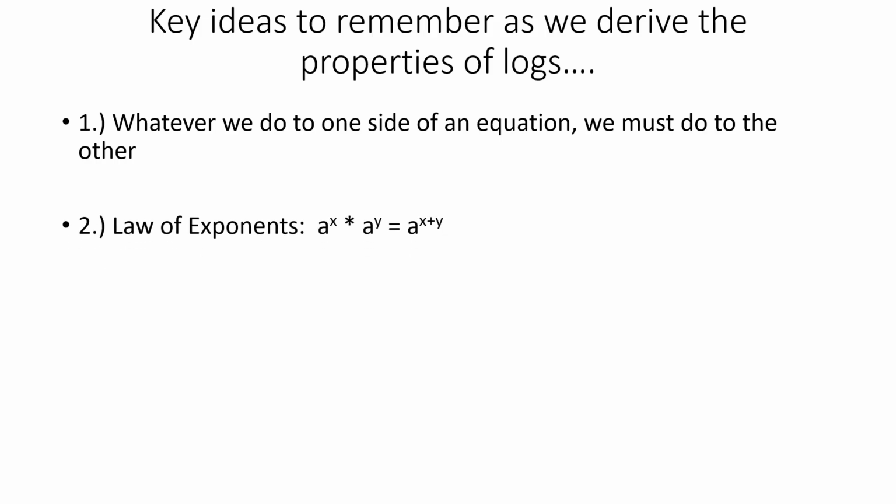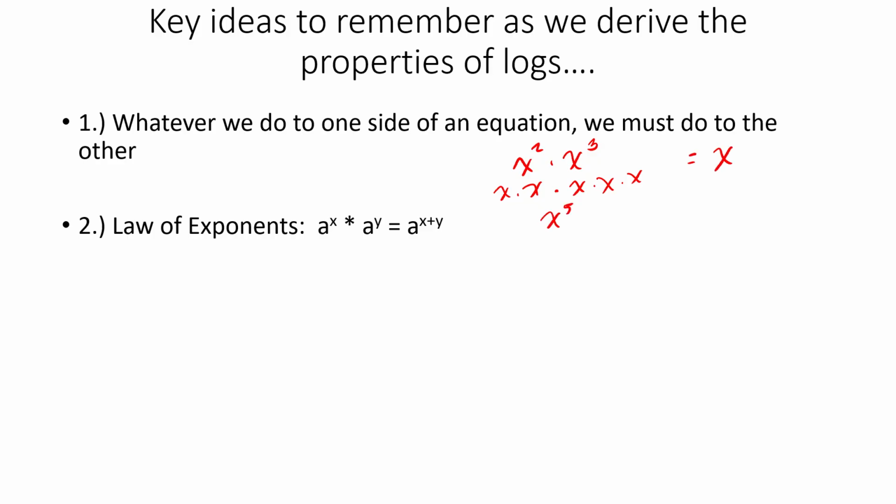The next two are some laws of exponents that have been covered. The first one is when you multiply like bases, you add exponents. So for example, if I have x squared times x cubed, that's x times x, times x times x times x, and all together we have 1, 2, 3, 4, 5 x's. So it's x to the fifth.